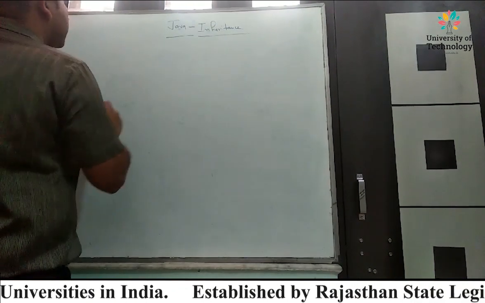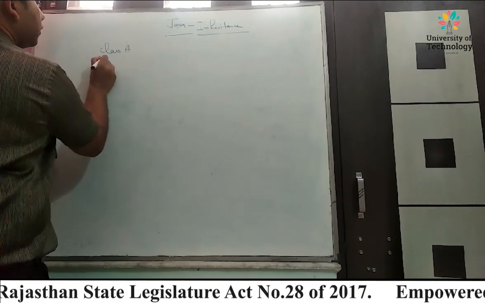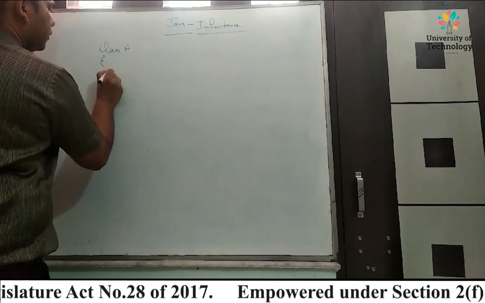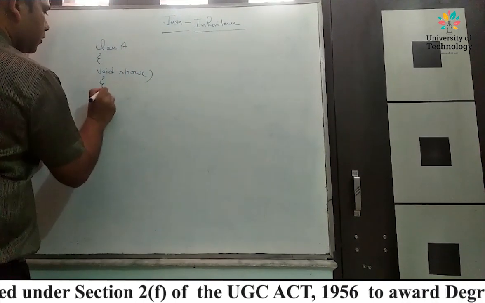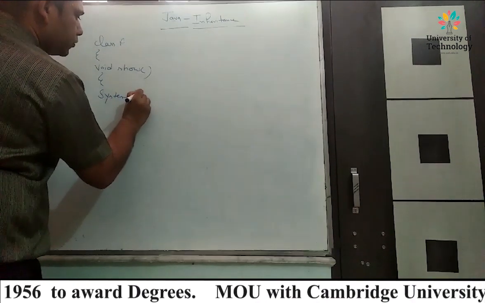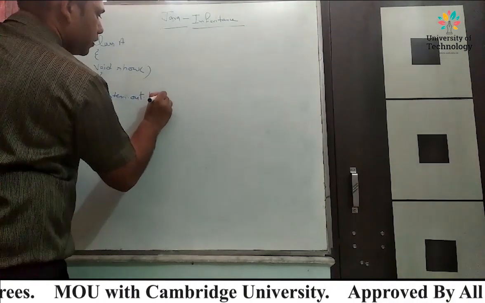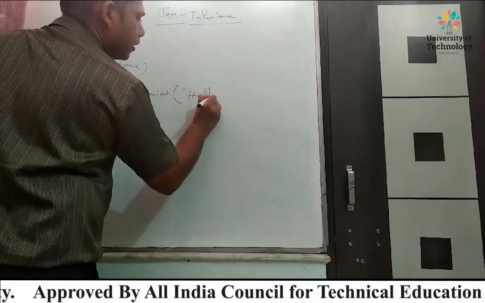First of all, single level. We have to make a class A with a void show method. System.out.print, and I need to give a message, hello.